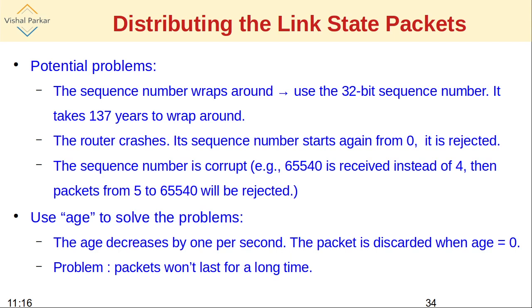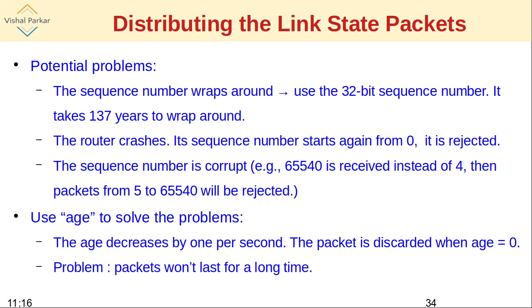That's one number which is initially initialized to some value, and it decreases by 1 per second. The packet is discarded when the age value approaches 0. Now the essence is to keep the packet for a particular time.